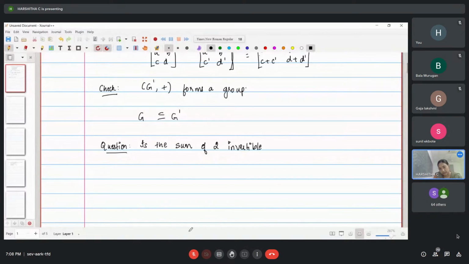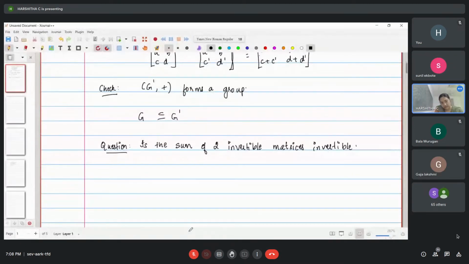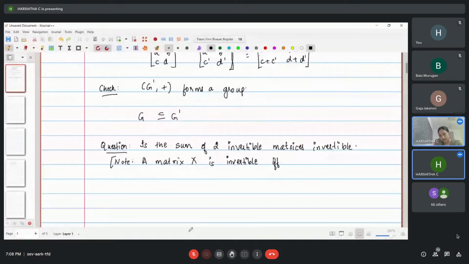Just to recall, a matrix X is invertible if and only if determinant of X is not equal to 0.